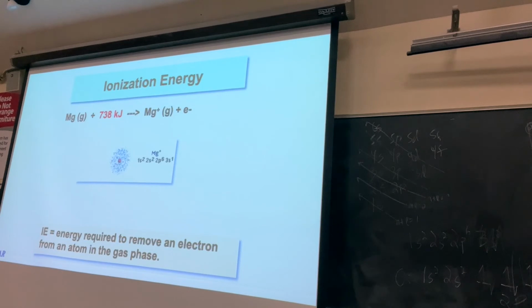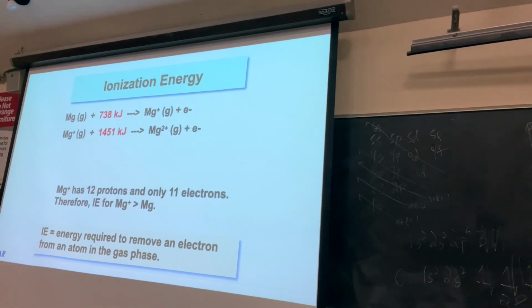But as we've seen, magnesium likes to be magnesium plus 2. Now to do that, you have to add an additional amount of energy. And notice it takes more energy now because you still have the same number of protons, 12, but now you have only 11 electrons. Those proton parents are pulling on those electrons more than when there were 12 parent protons and 12 electrons.